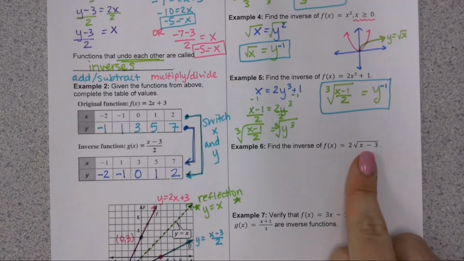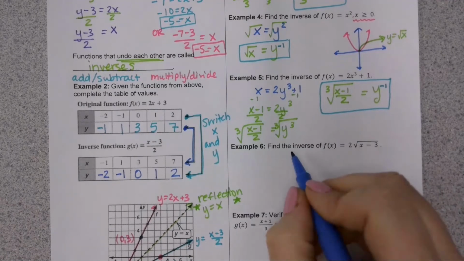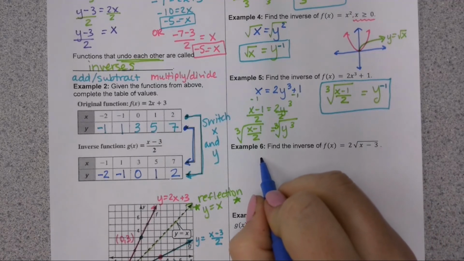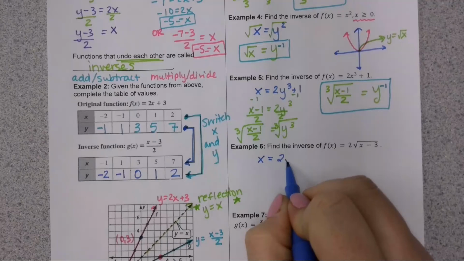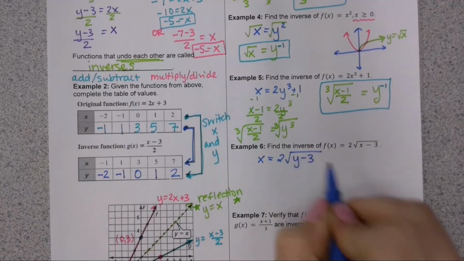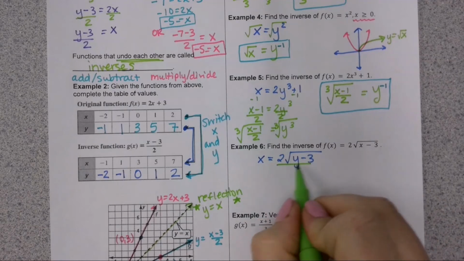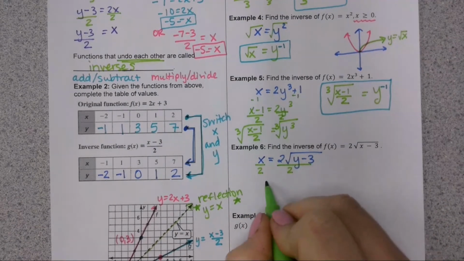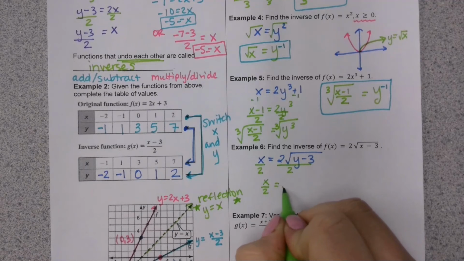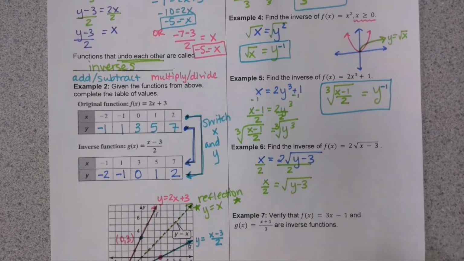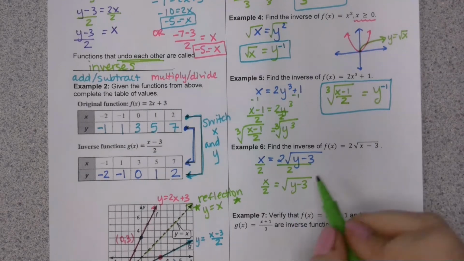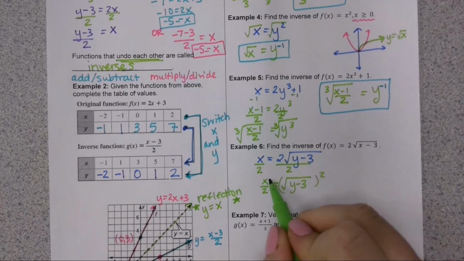Square root. Well, we're not going to do anything different. Again, we switch our x and our y, so we've got x equals 2 square root of (y minus 3). We're going to solve, and so we need to divide each side by 2 first. So we have x over 2 equals the square root of (y minus 3). We can't add 3 because it's under the radical, so the first thing we need to do is square both sides.